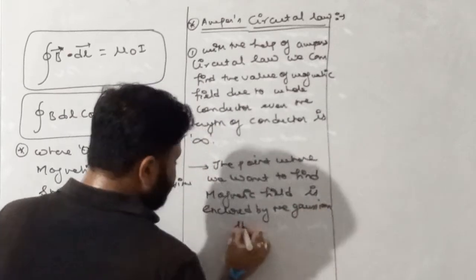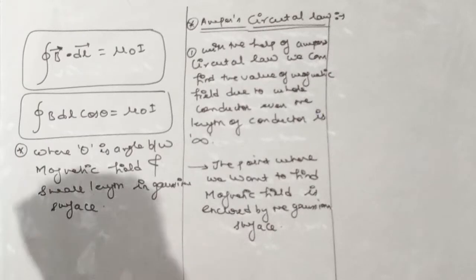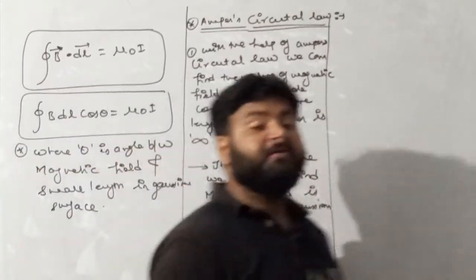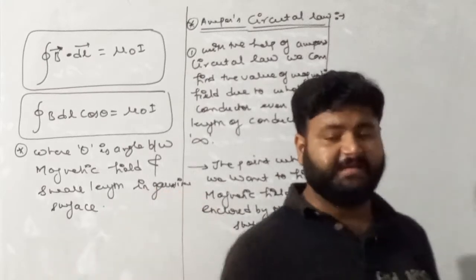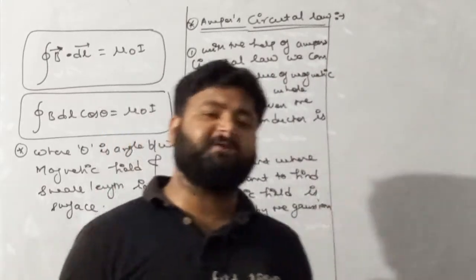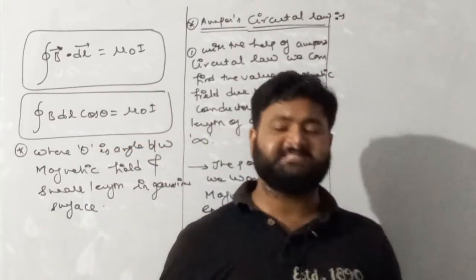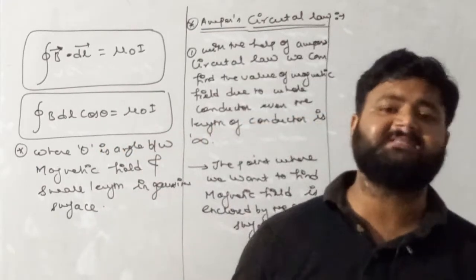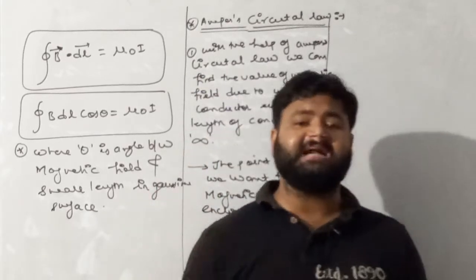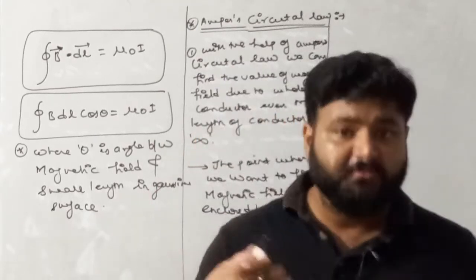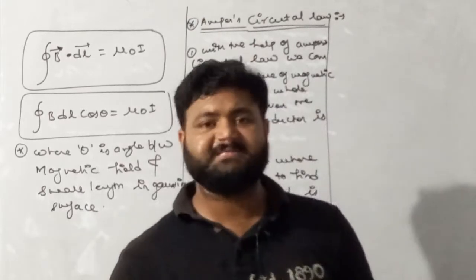Remember, we have to enclose that point with the help of a Gaussian surface. It is an imaginary surface which encloses the conductor in such a way that all the magnetic field lines coming out from the current carrying conductor pass over it.